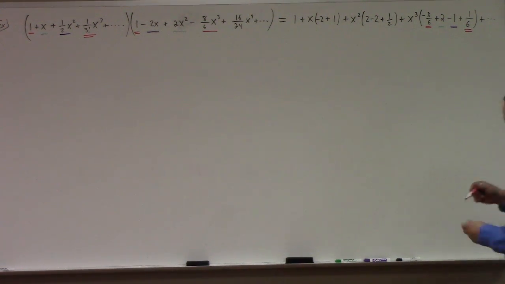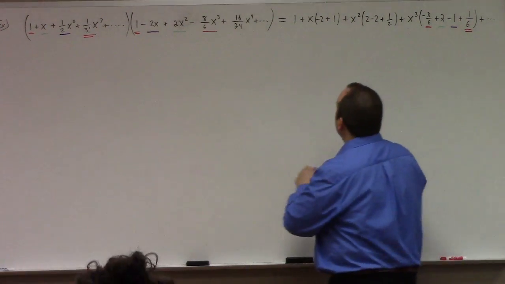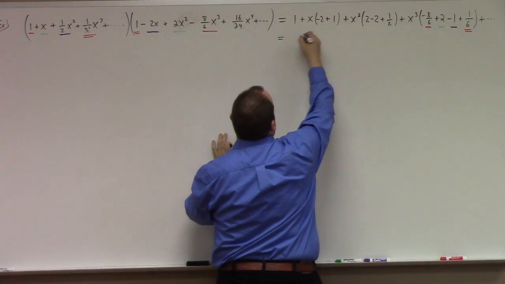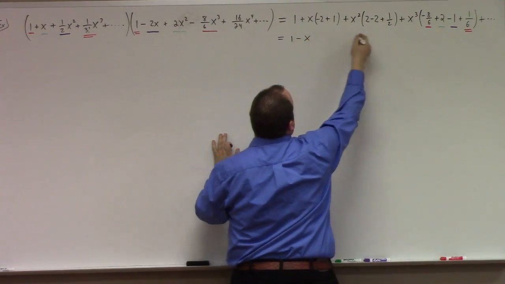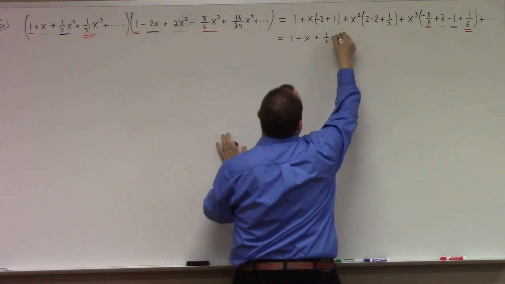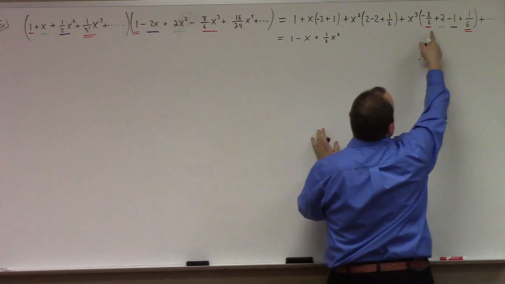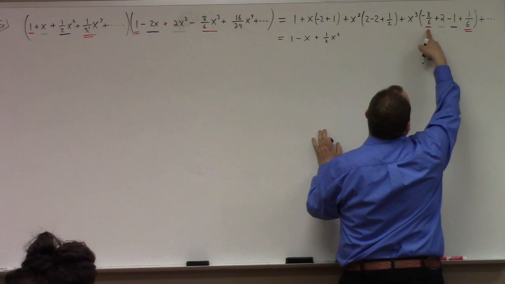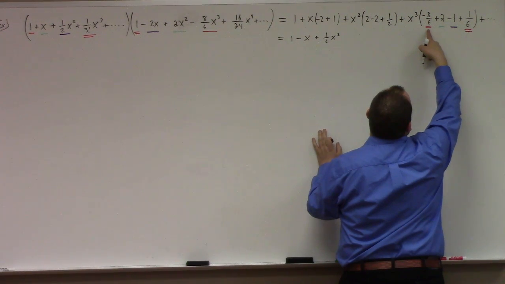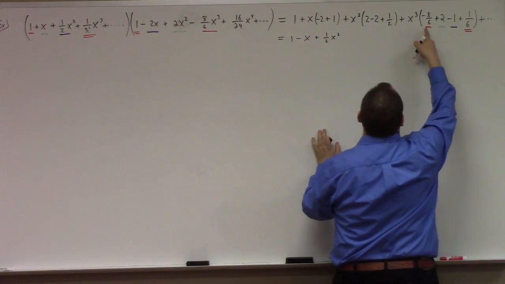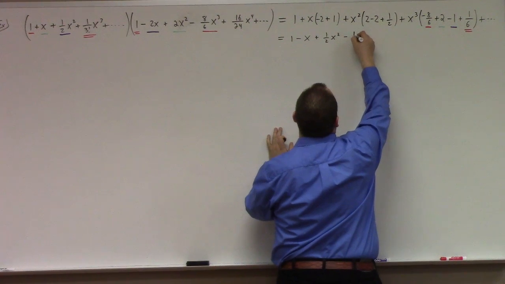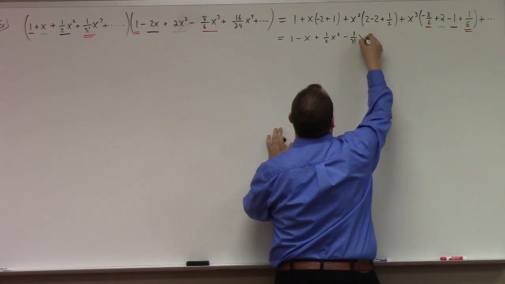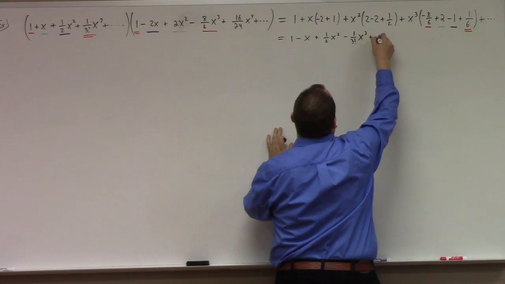Can you simplify this? So this is 1 minus x plus 1/2 x squared. Well, that's what? Is that right?